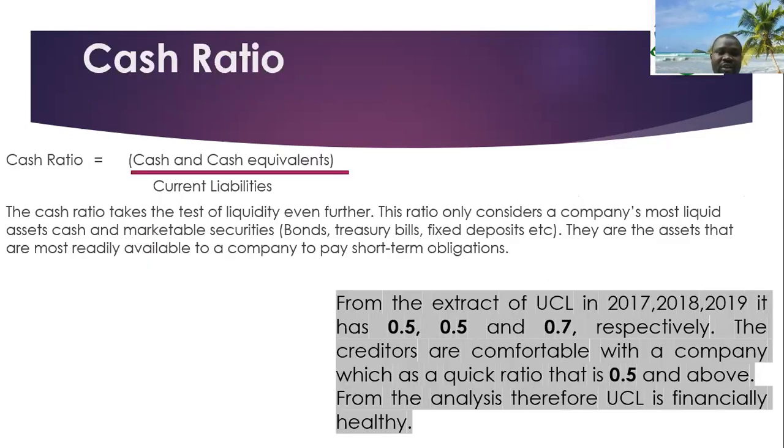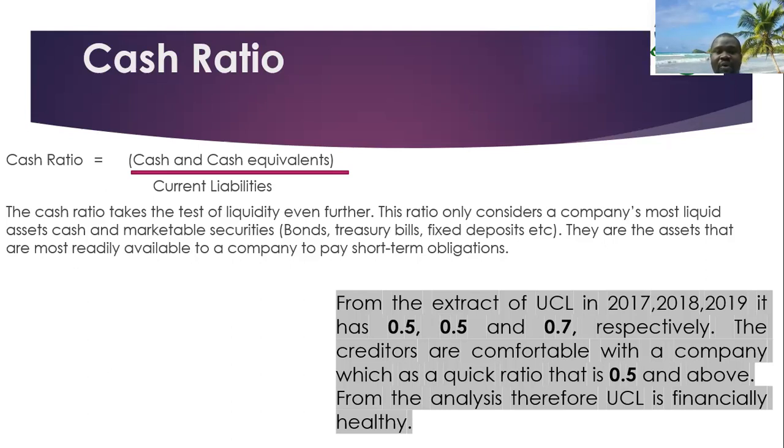Then we have the cash ratio, which looks at the cash and cash equivalents over its current liabilities. The cash ratio takes the test of liquidity even further. This ratio only considers companies' most liquid assets: cash and marketable securities, bonds, treasury bills, fixed deposits, among others. They are assets that are most readily available to a company to pay short-term obligations.